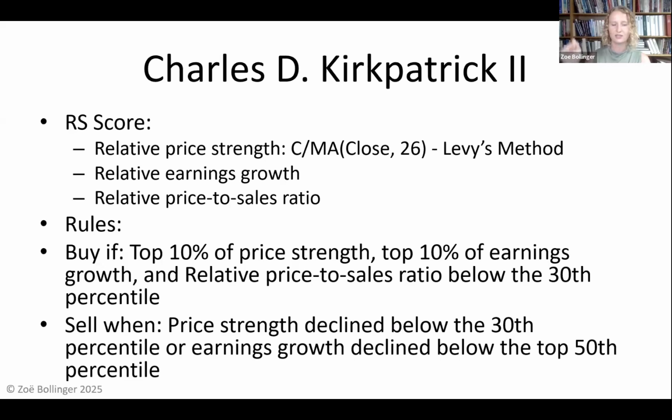If its earnings growth declined below the 50th percentile, he let it go, and he didn't consider the price to sales ratio as an exit criterion. So if the company was growing and multiples were going up, he didn't mind as long as price strength and earnings strength were continuing.